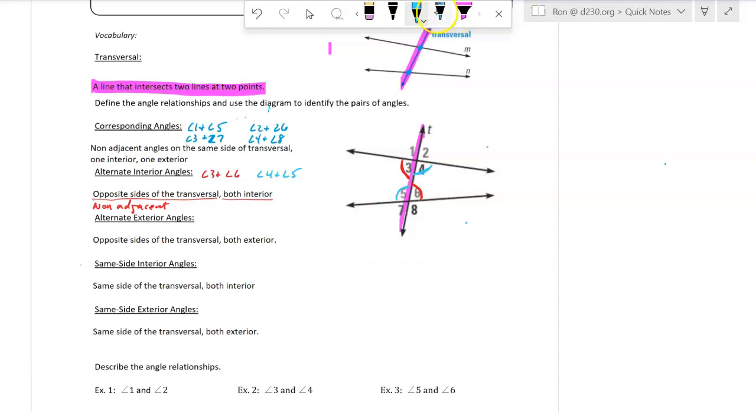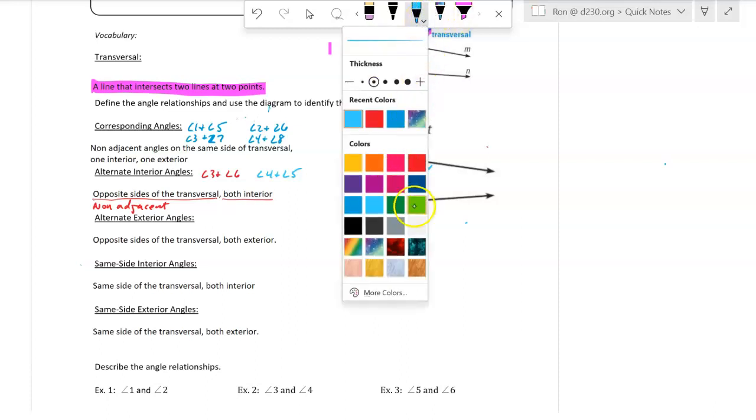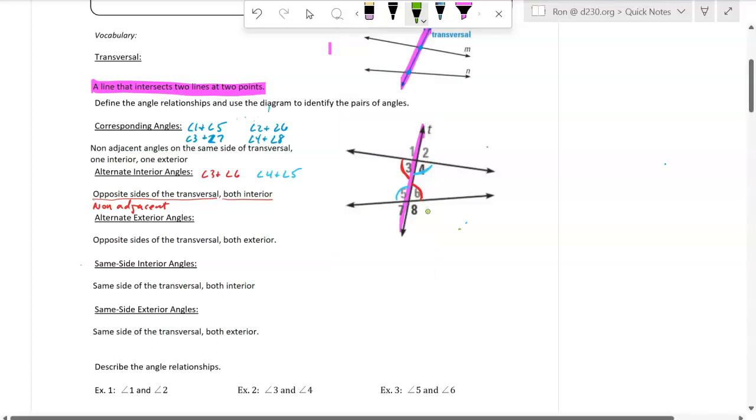Now when we talk about alternate exterior angles, what are these? These are non-adjacent angles, meaning they don't touch each other, that are on opposite sides of the transversal and both exterior. If I go to one exterior angle, angle 1, what angle doesn't touch angle 1 and is on the opposite side of the transversal and also exterior?